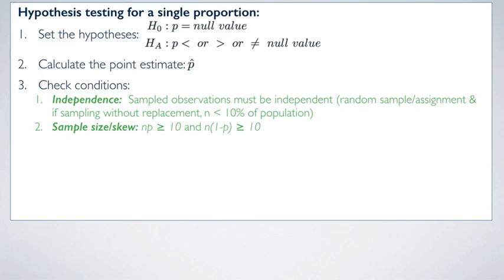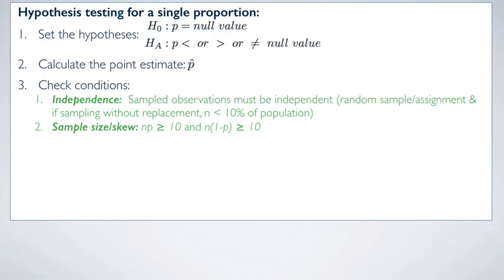Note that here I've used p instead of p hat, and that is because in a hypothesis test, we have to assume that the null hypothesis is true. If you think about the definition of a p-value, it says probability of observed or more extreme outcome if the null hypothesis is true.